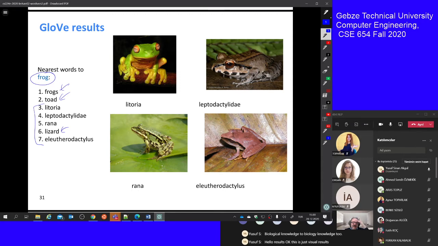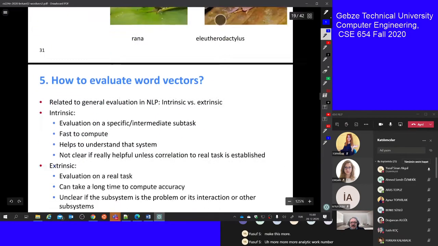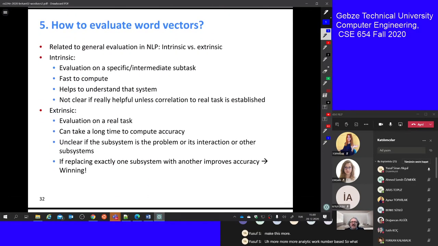How am I going to make this more analytic, more number based? What I am going to do is the evaluation methods of word vectors. How am I going to evaluate them? There are two ways to evaluate them. One is intrinsic methods, the other one is extrinsic methods. Actually, we have seen examples of this before word2vec.